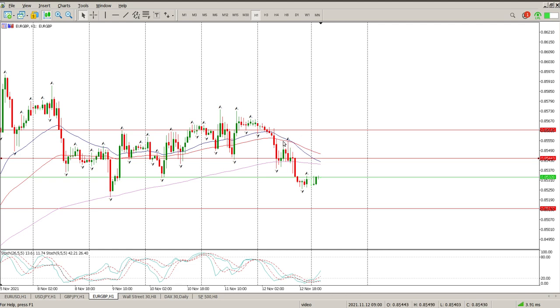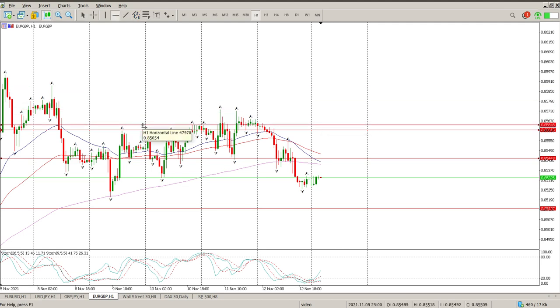So you want to stop above this tail, and the high of that is 0.85544. What you're looking for is price to come back into this area, reject 0.85443, stop in that area, and you're looking for a quick short down to 0.85137.